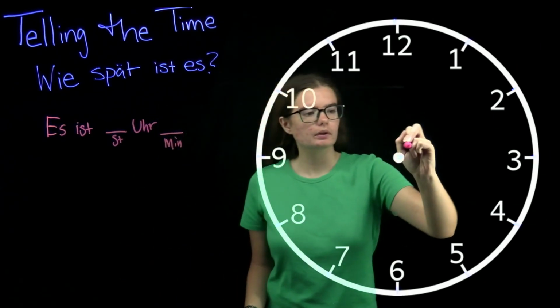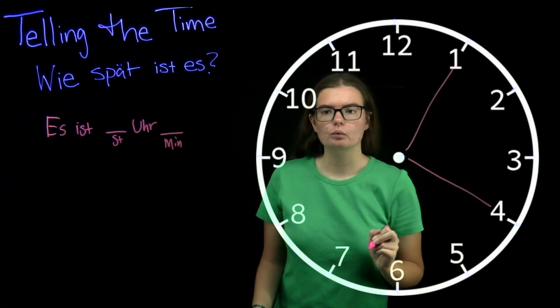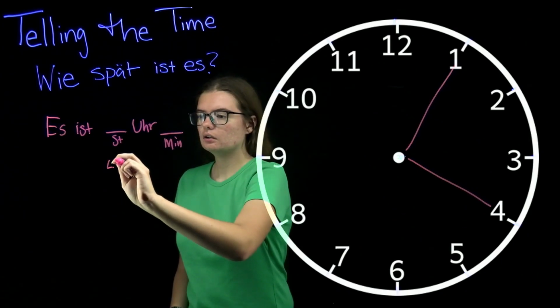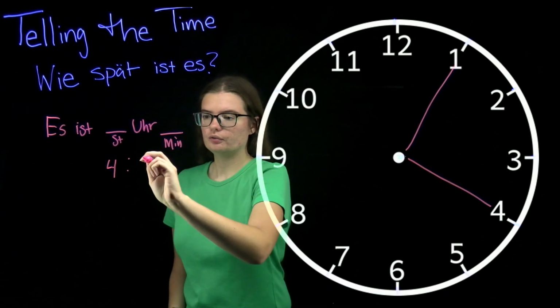For example, this clock would be read as "4 Uhr 5."